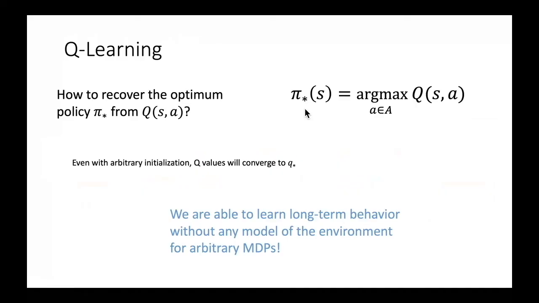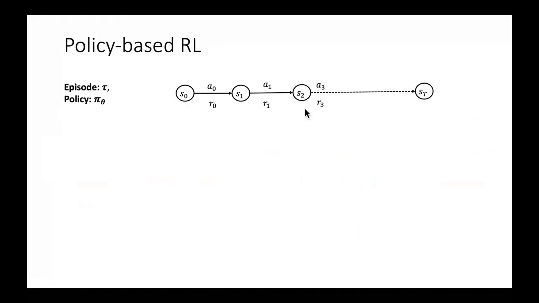So we are able to learn this long-term behavior without any model of the environment, in a model-free way, even for arbitrary MDPs. That is the strength of Q learning, right?